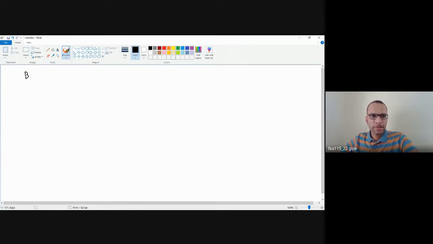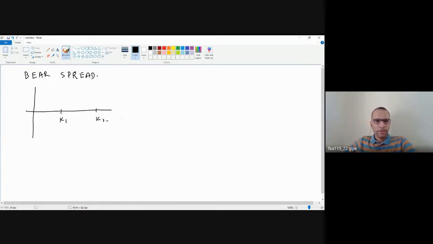We do a bear spread now. So again, a similar approach, we are going to take two strikes, K1 and K2, and we are going to purchase a put and we are going to sell a put.